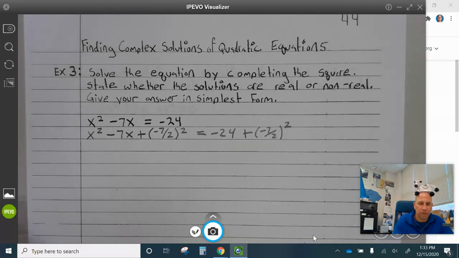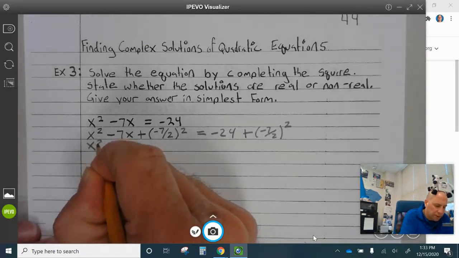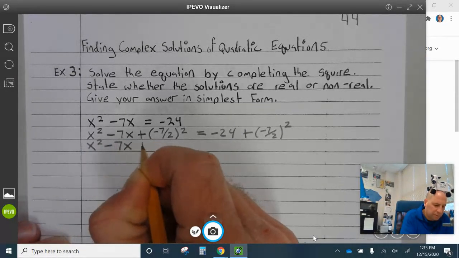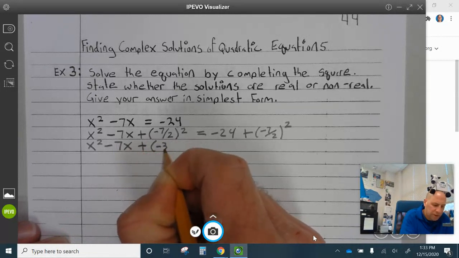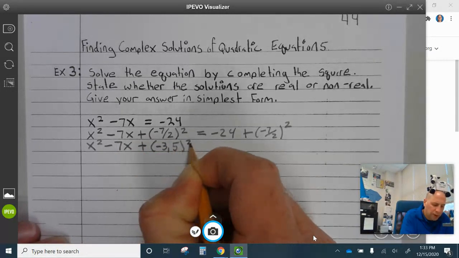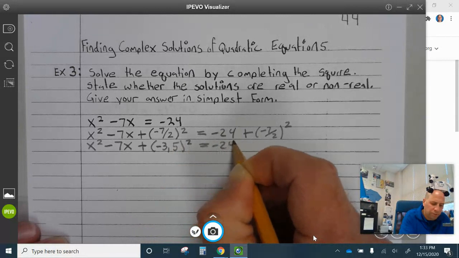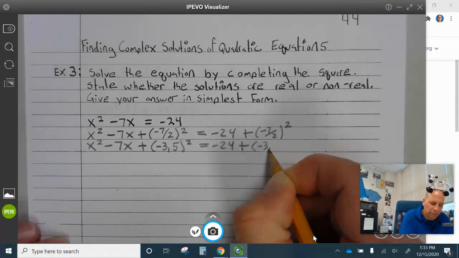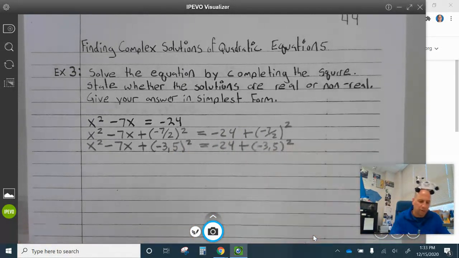So then that's x squared minus 7x plus negative 3.5 squared equals negative 24 plus negative 3.5 squared.